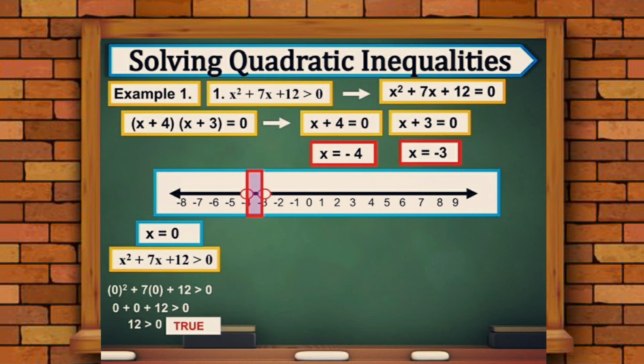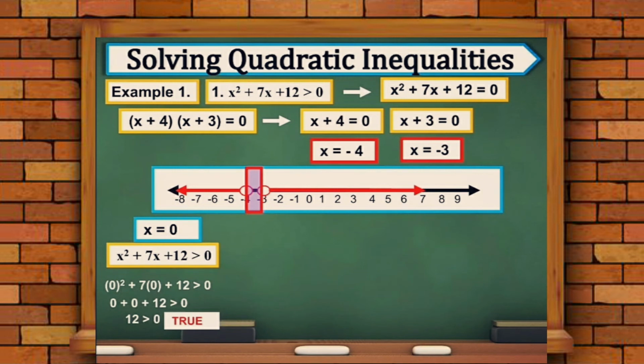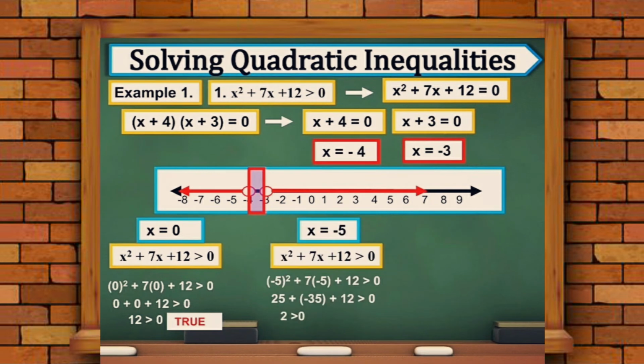So, we will put our arrow here, and in order to prove that our left side is also part of the solution, let us get a test point in the left side. We will get the easy one, which is -5. So, x is equal to -5.